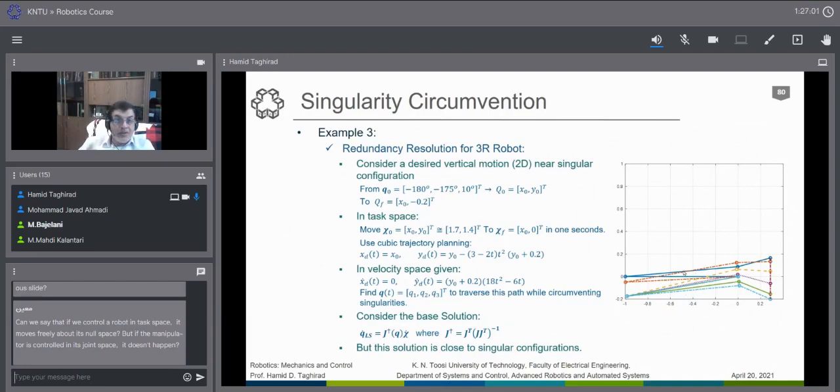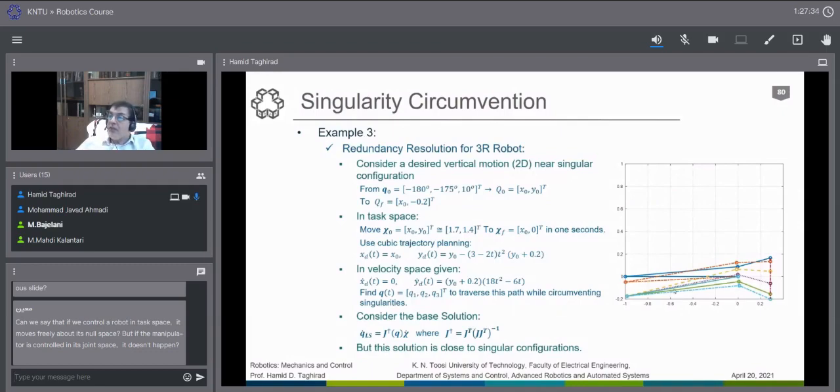Do you see the singularity here? The arms are very close to 180 degrees. They are not exactly singular, because in an exactly singular configuration we cannot move, but very close. Can we move this robot from this configuration? We know that near a singular configuration, we need a lot of torque and a lot of speed.